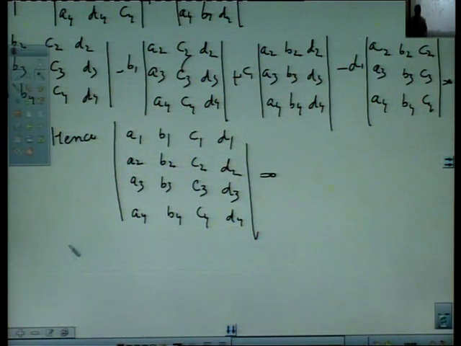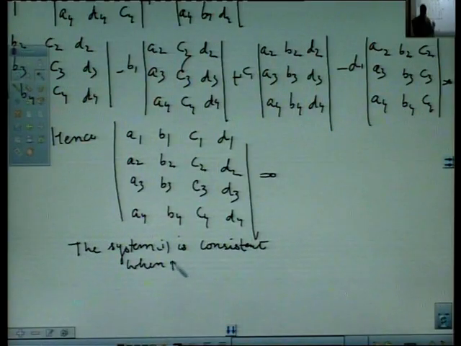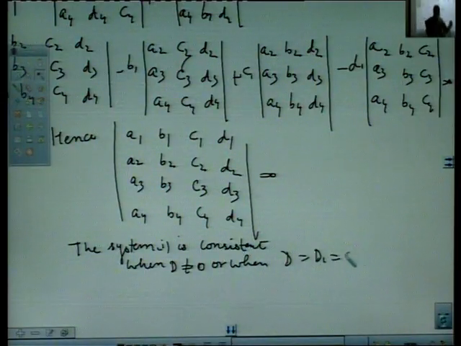The system 1 is consistent when D is not equal to 0, or when D equal to D1 equal to 0.